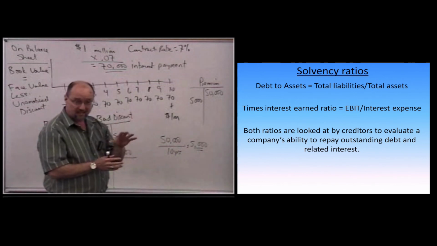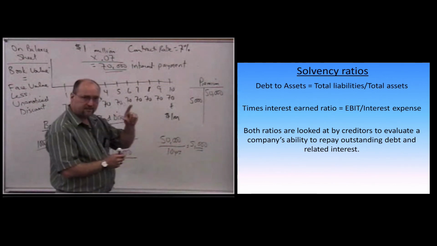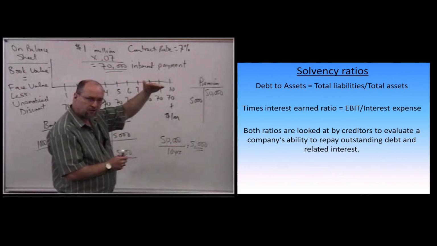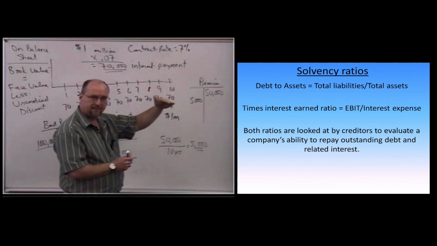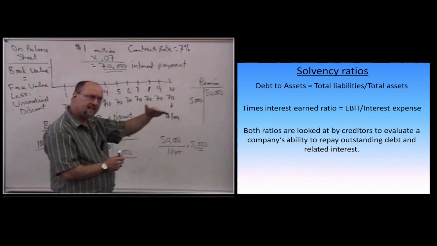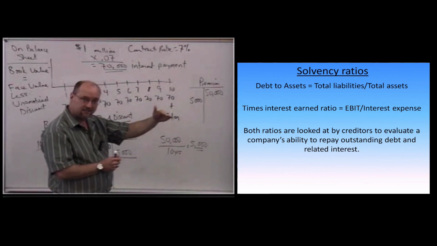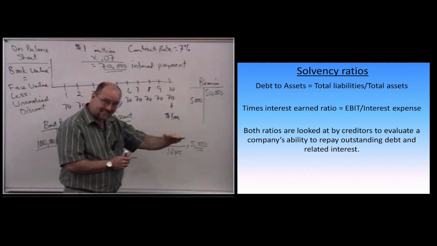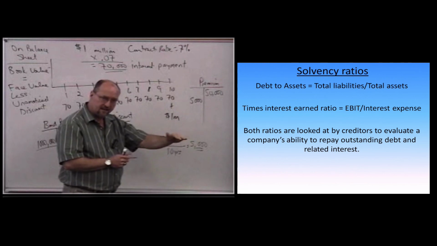Let's visualize, I'm not going to put it on the board, my multi-step income statement. Sales revenue, or sales, minus cost of goods sold equals the gross profit. Gross profit minus operating expenses, like selling and administrative expenses, equals operating income. That's typically my EBIT right there.